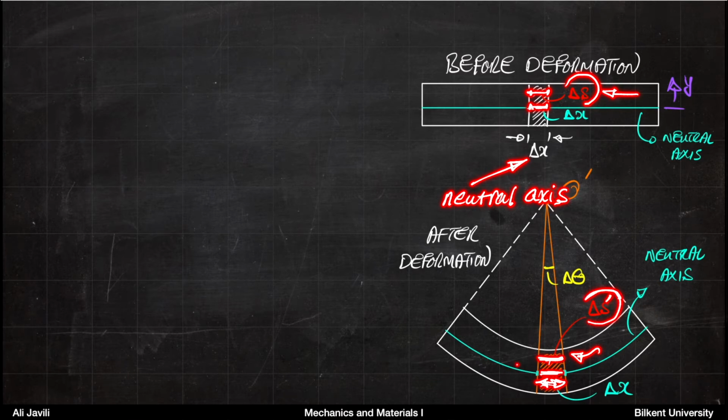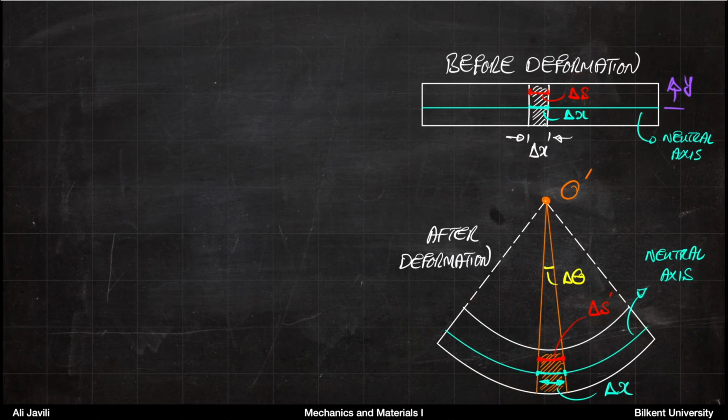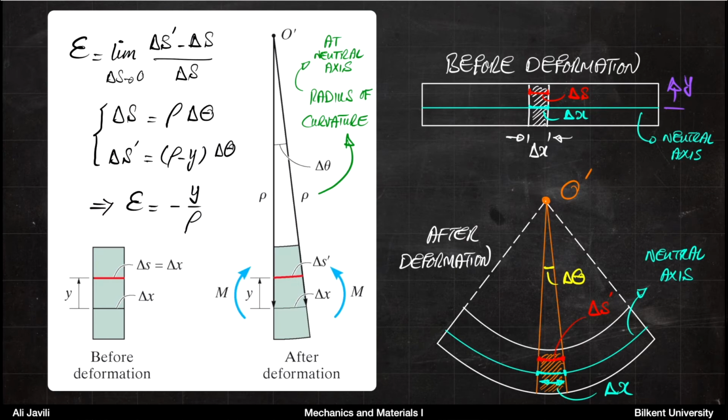And then again, delta S prime on top of the neutral axis is smaller than delta S. Below the neutral axis it is larger than delta S. And then at the neutral axis, delta S prime and delta S are the same, which is exactly delta X. So now with this insight, we can look more carefully into this piece, and based on the geometrical features that we have, we can write the equation for strain distribution.